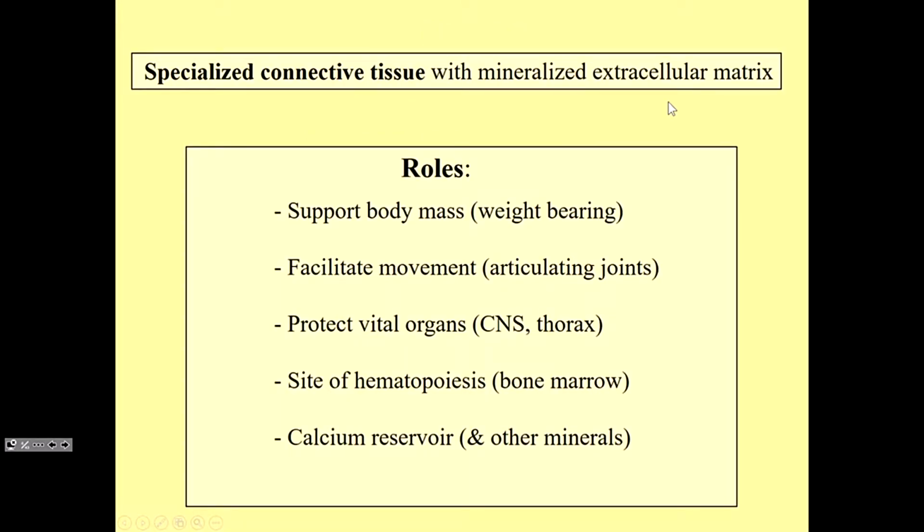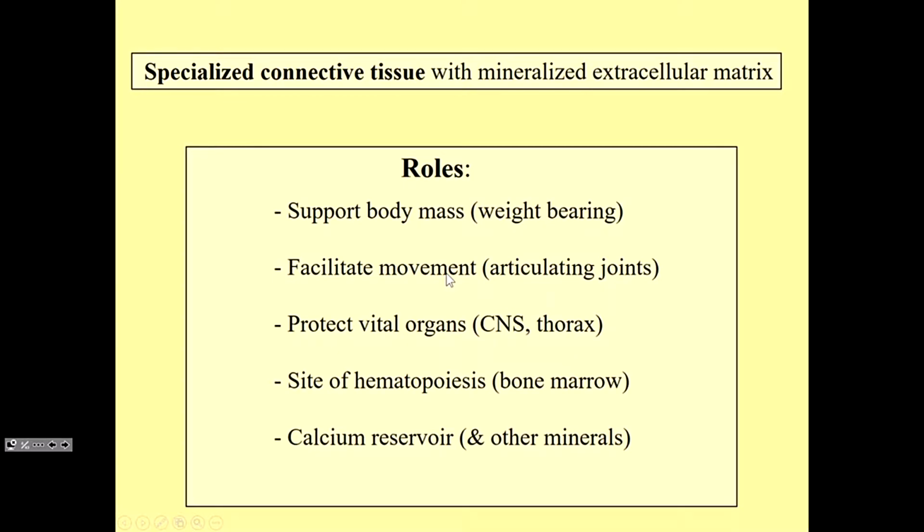So bone is a specialized connective tissue with a mineralized extracellular matrix. What are its roles? Some of these are self-evident, but we'll go over them. Obviously it supports body mass. Bones allow us to stand and walk, and facilitate movement through articulating joints, like elbows and knees.